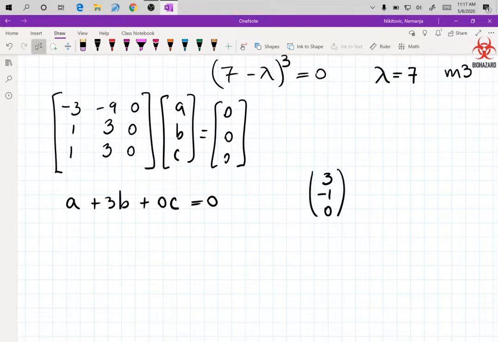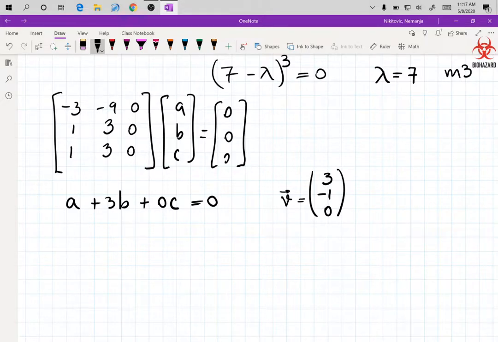So now you have your vector v that is associated with your lambda. So now the question is, how do we get the rest of the vectors? Because we can have more vectors.